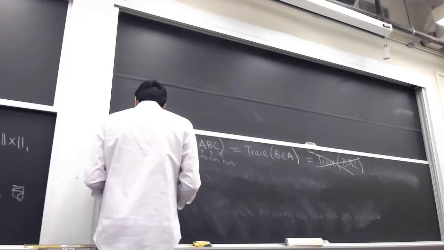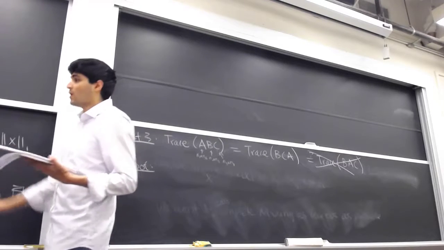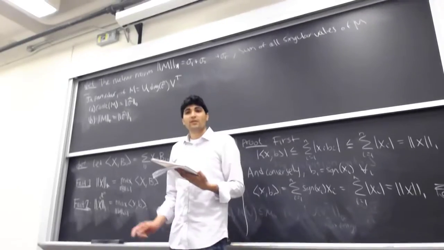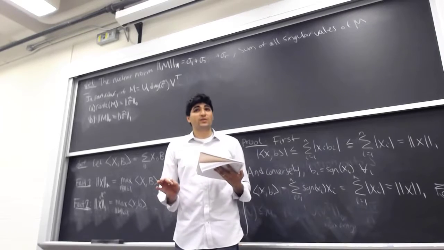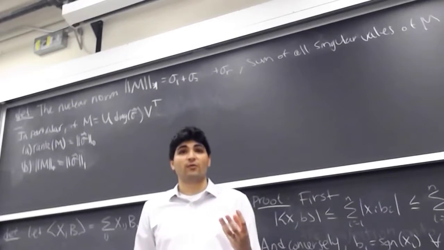So what we're going to do is first show the analog of the statement we want to prove, that there's always a B that achieves this value. And this is really important because that's actually the direction that we care about most in proving that that convex program gets exact recovery.